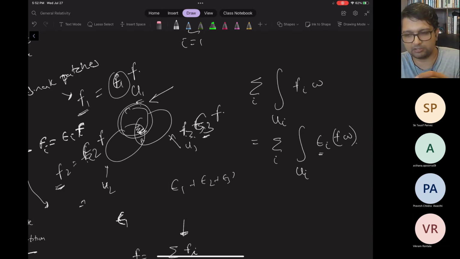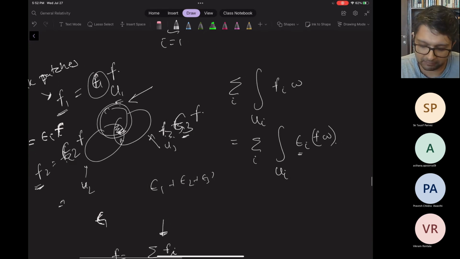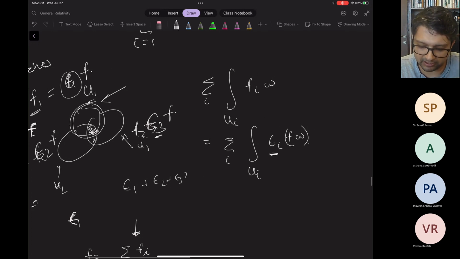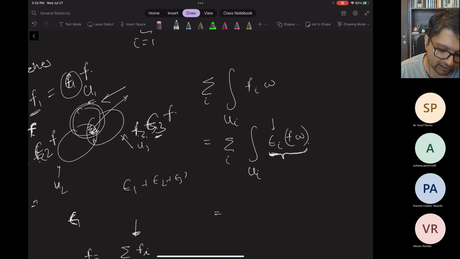The partitioning is changing from point to point, but the point is that at every point, the epsilon i's all add up to 1. Which means that if I have done the integration this way, roughly speaking, if you assume everything is smooth, then for every point I'm not assigning it the full weight of f.